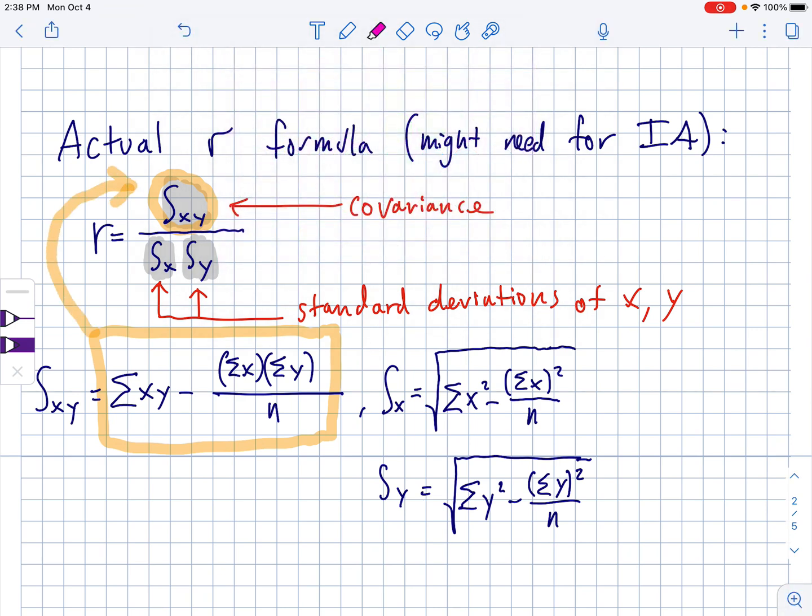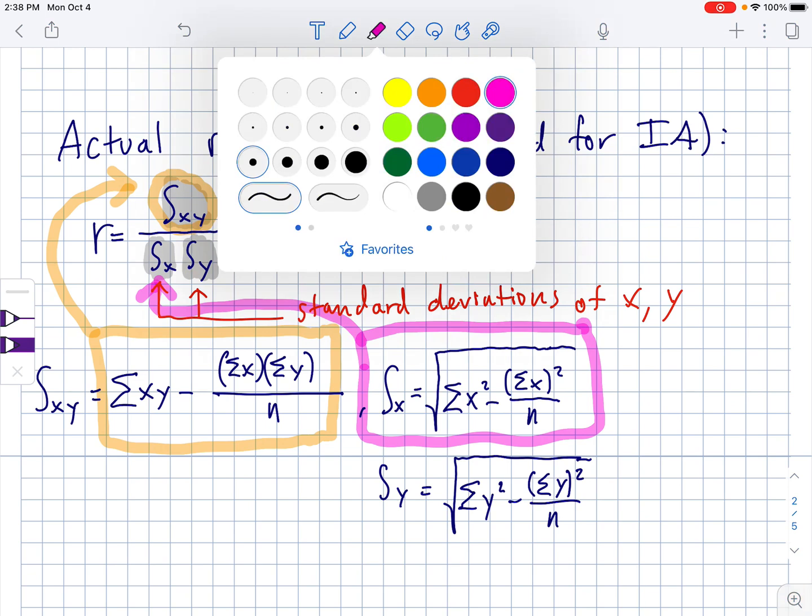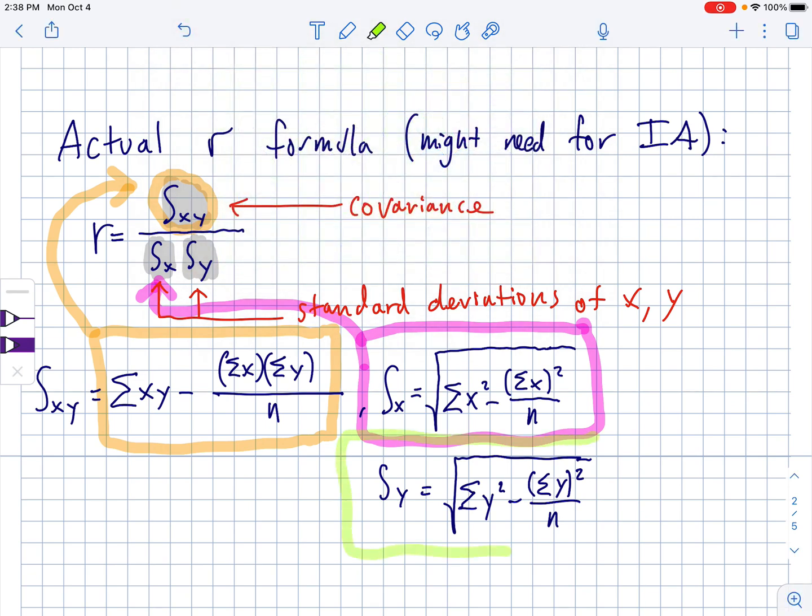So you could put all of that up in there into the equation, and then this standard deviation of x you would put right here, and all of the standard deviation of y would go right here. So it's like 3 equations rolled into one.